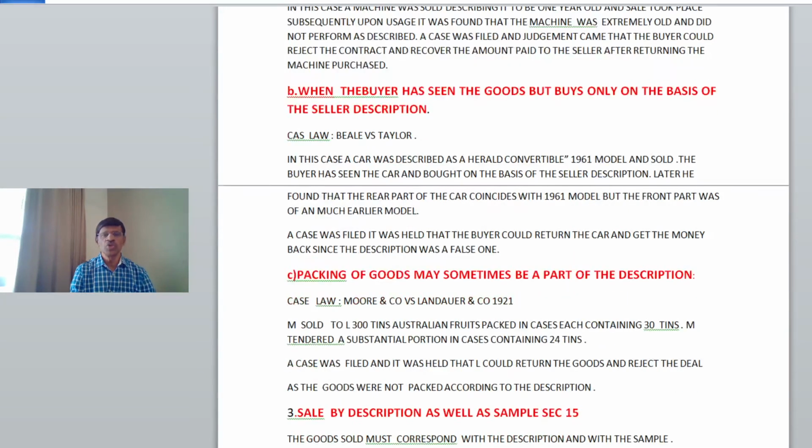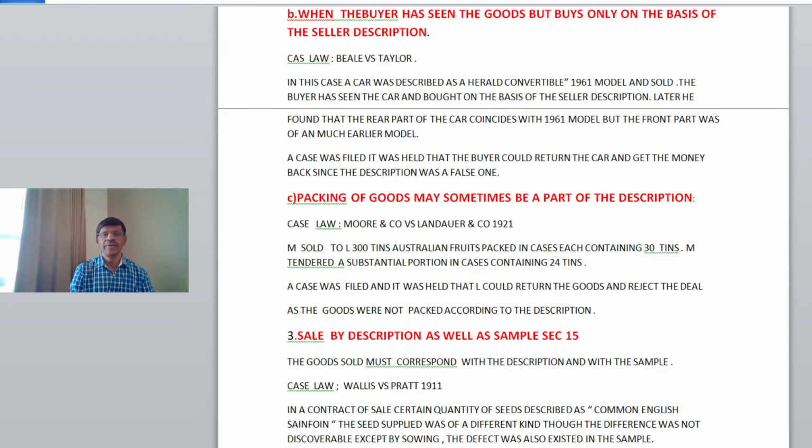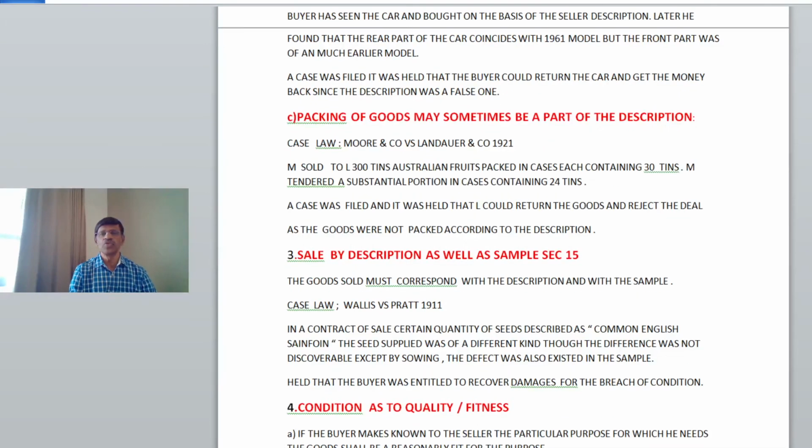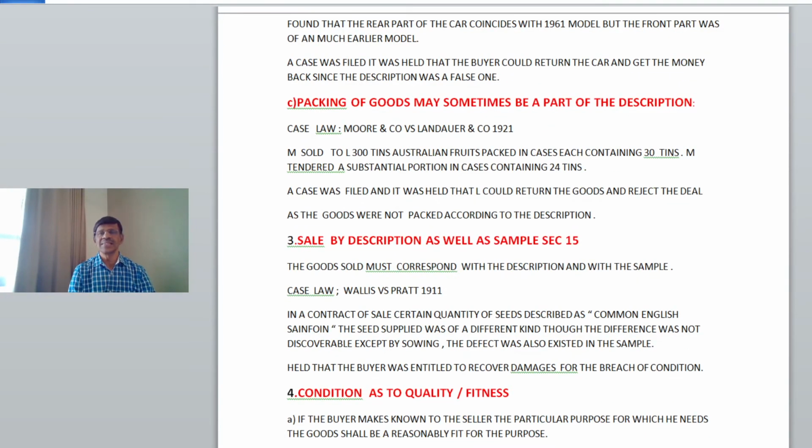Here, M sold to L 300 tins of Australian fruits packed in cases, each containing 30 tins. M tendered a substantial portion in cases containing 24 tins. Here also a case was filed and it was held that L could return the goods and reject the contract, since the goods were not packed according to the description given.